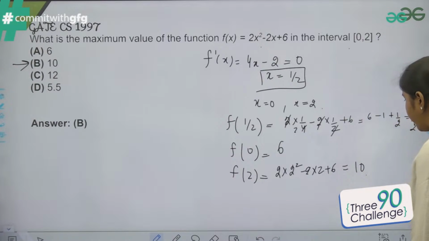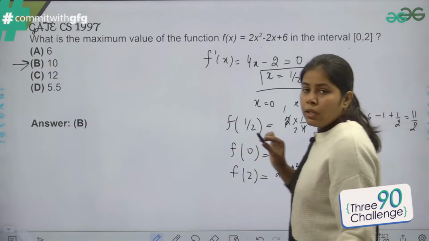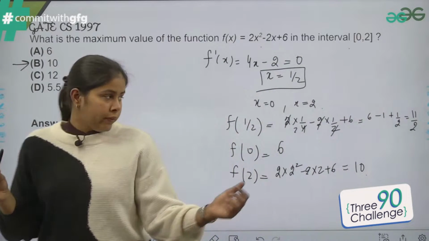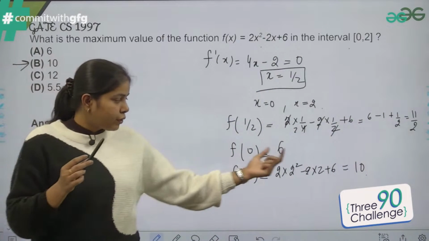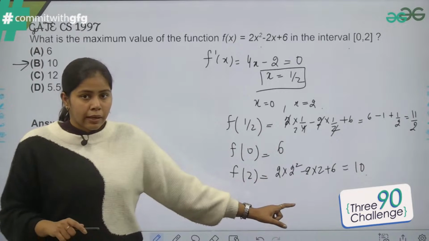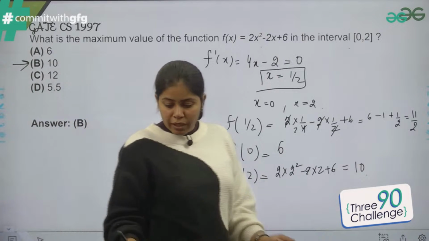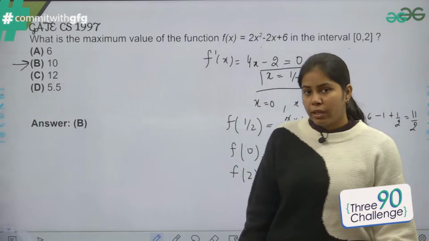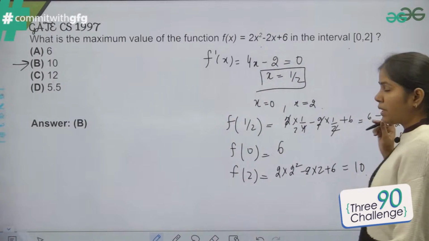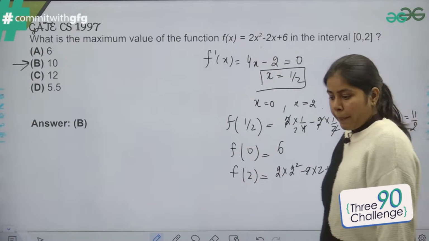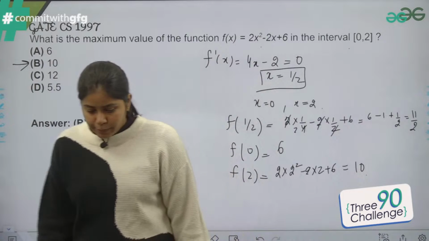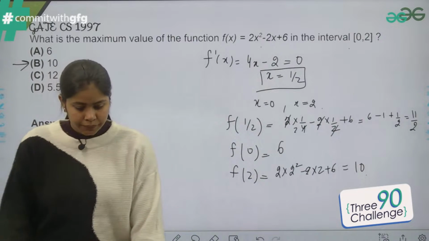Out of these values, f of 1 by 2 is 11 by 2, that means 5.5, f of 0 is 6, f of 2 is 10. So the maximum value is 10, and I have written 10 here. Suppose they had asked for the minimum value, that would be 5.5. Right, Pratik, 10 is the answer.